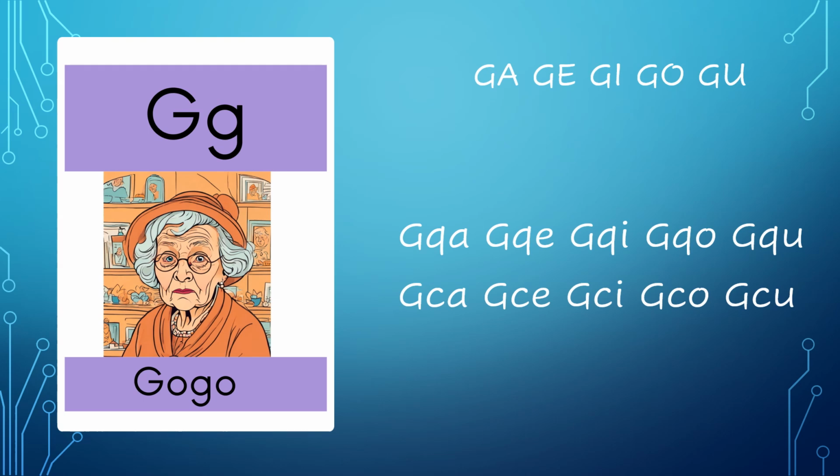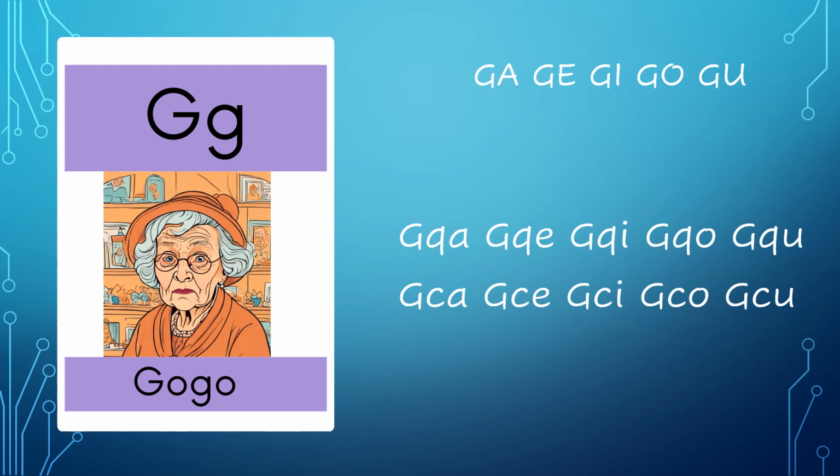The next letter will be G. In Zulu, it will sound like ga, ge, gi, go, gu. When a Q is added, it sounds like ka, ge, gi, go, gu.